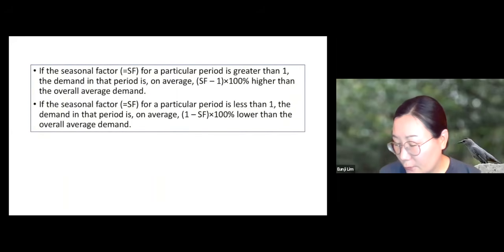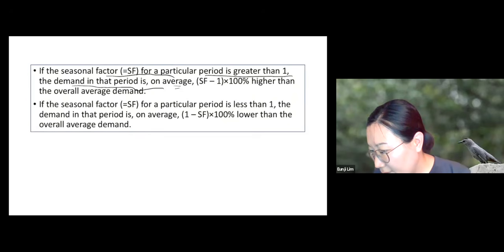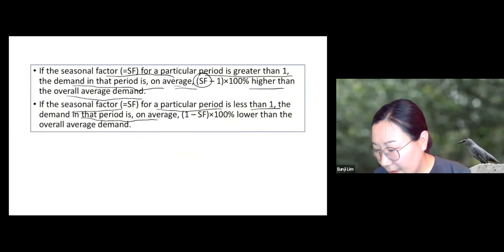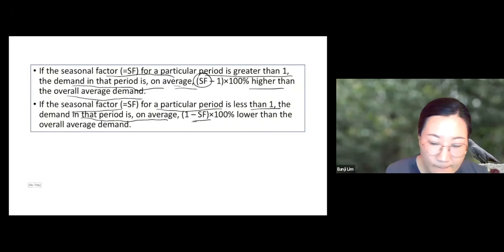So this is what we just talked about. If the seasonal factor for a particular season is greater than 1, the demand in that period is, on average, the seasonal factor minus 1 times 100% higher than the average overall demand. If the seasonal factor for a particular period is less than 1, the demand in that period on average is 1 minus the seasonal factor times 100% lower than the average overall demand.